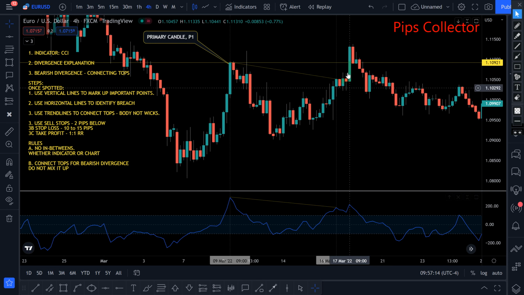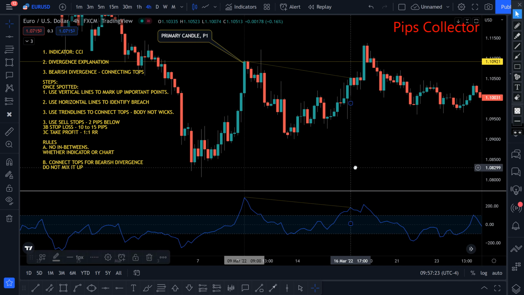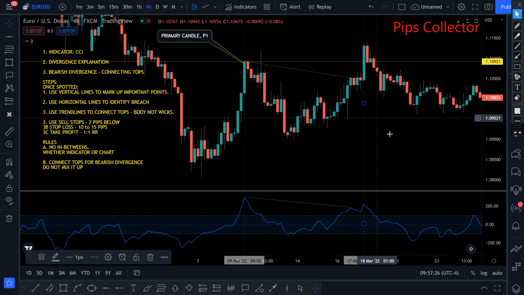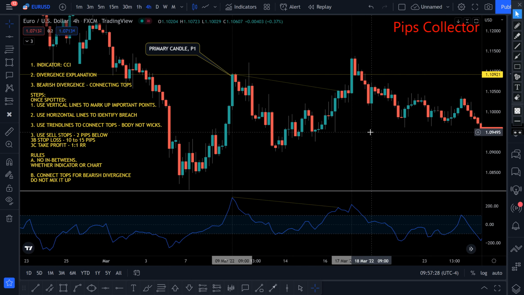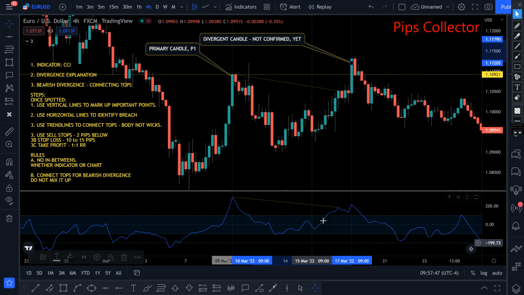Now, this is another peak. You move the vertical line to this bullish candle, okay. So this is our divergent candle, not confirmed yet, okay.